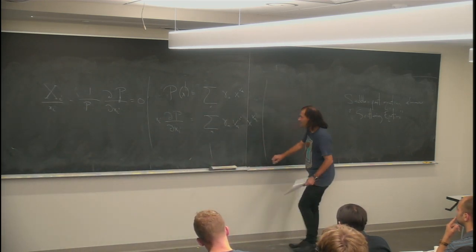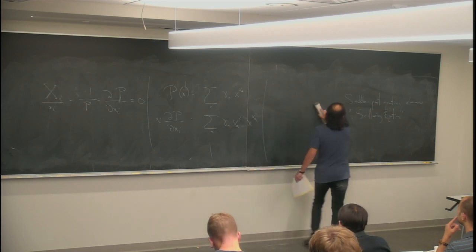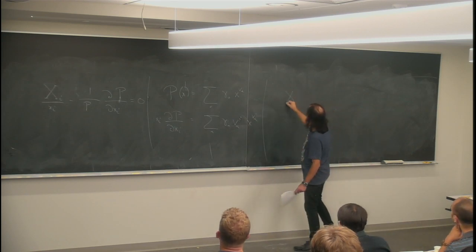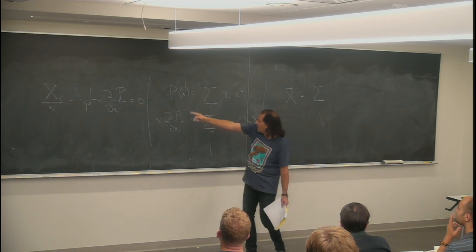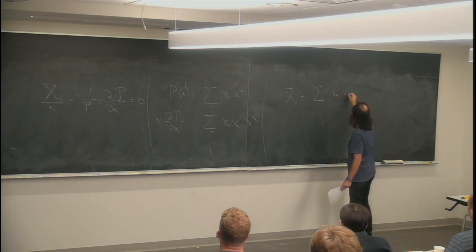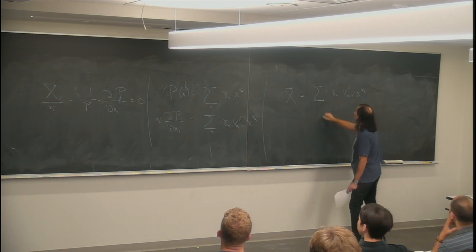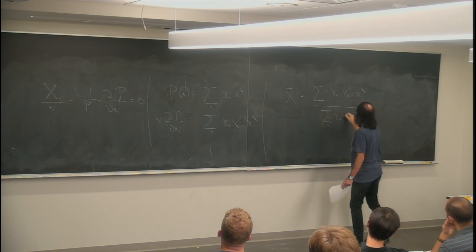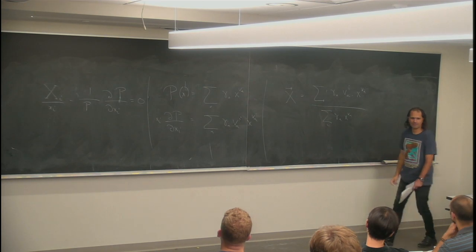If I think of this as an equation for all the x's together, this is telling me that x, just multiplying by xi, is equal to the sum of gamma a, ba, x to the ba, divided by the sum over a, gamma a, x to the ba, which was just the p itself, right?